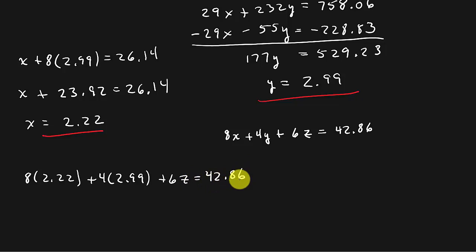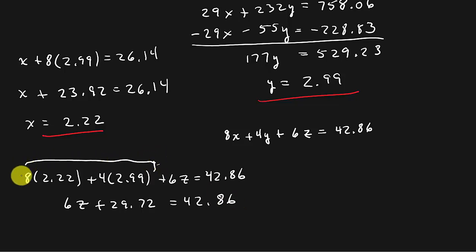All right. And so let's see. I'm going to go ahead and do this times this plus this times this. I'm going to do that all in one shot. So 8 times 2.22 plus 4 times 2.99. That equals, that's going to give me 6z plus 29.72 equals 42.86.